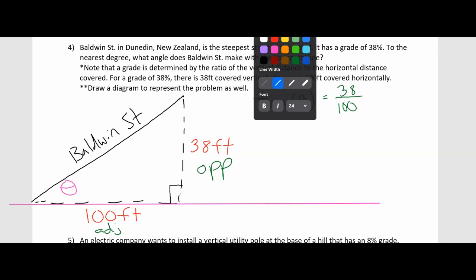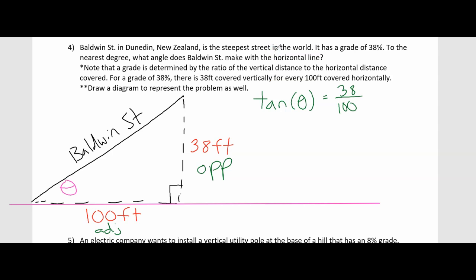Let me apply the inverse tangent function to both sides. That'll leave me with just theta on the left-hand side. And that'll be equal to the inverse tan of 38 over 100.